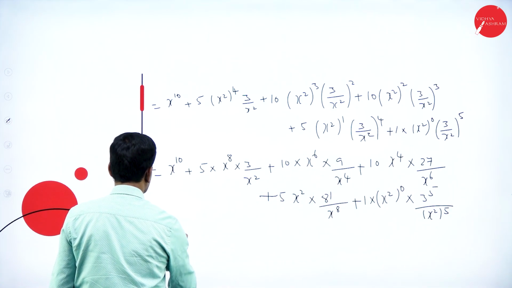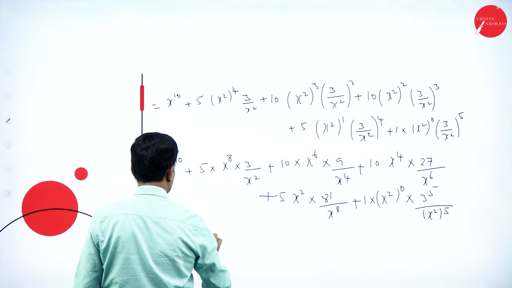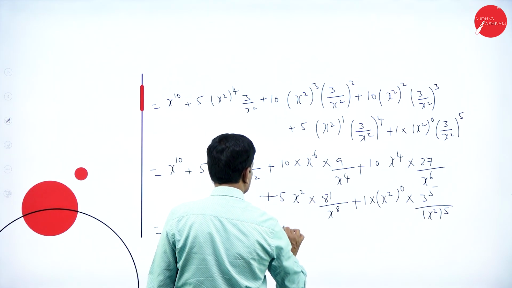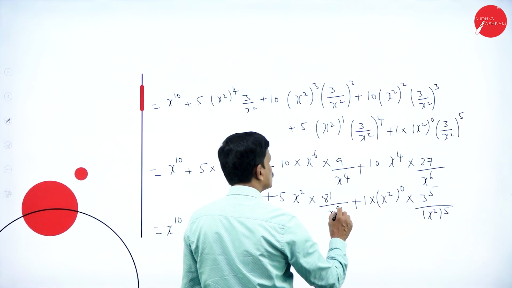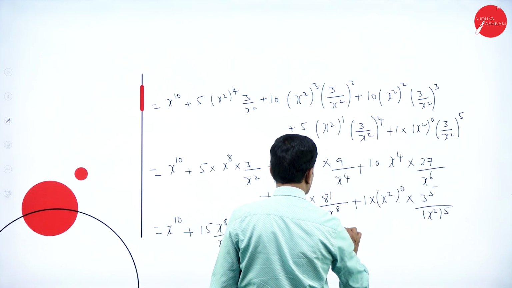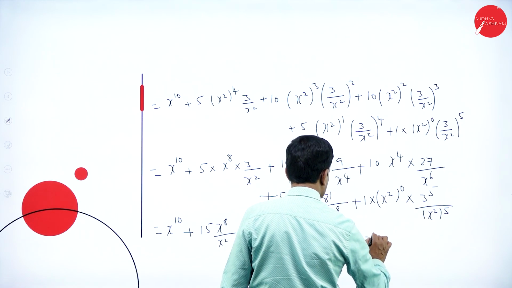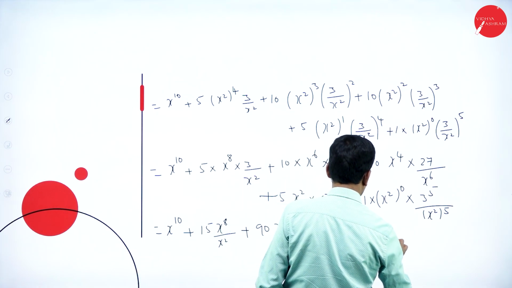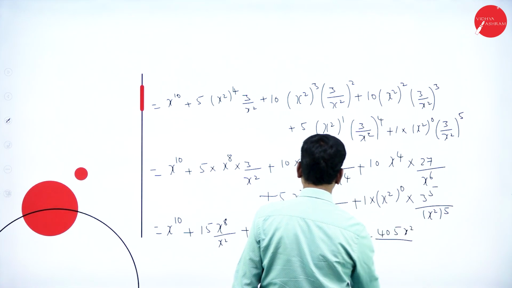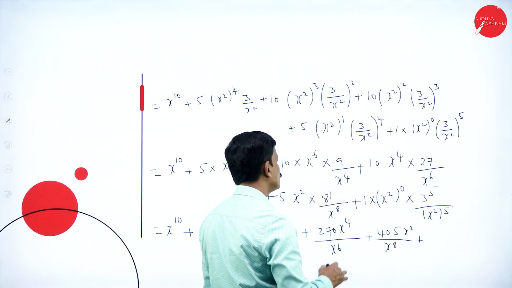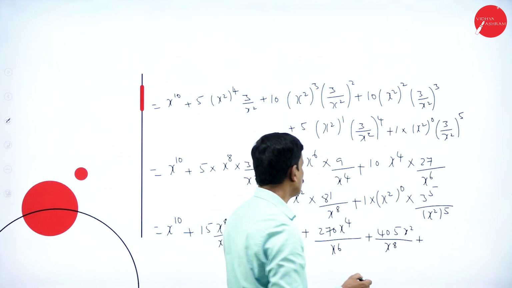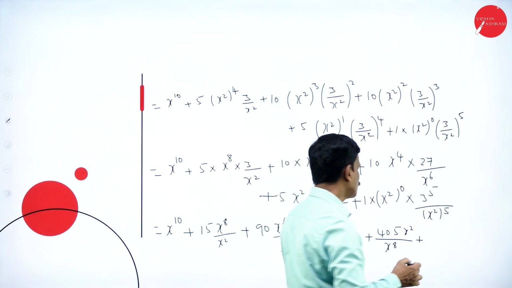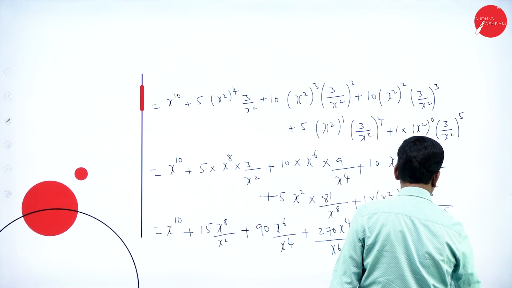So this can be written as x power 10 plus 5 3s are 15 times x power 8 divided by x square, plus 10 9s are 90 x to the power of 6 divided by x to the power of 4, plus 10 into 27 is 270 times x power 4 divided by x power 6, plus 81 into 5, that is 405, x square divided by x to the power of 8, plus (x square) raised to 0 is x power 0, which is 1, into 3 to the power of 5. 3 to the power of 5 is 243 divided by x to the power of 10.